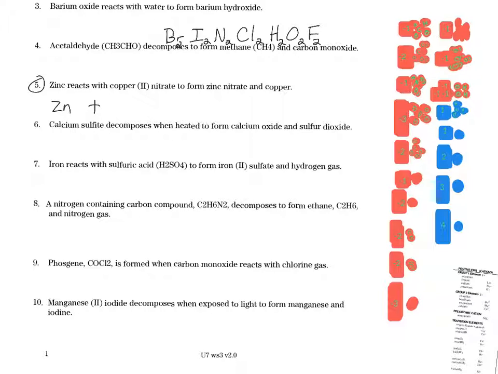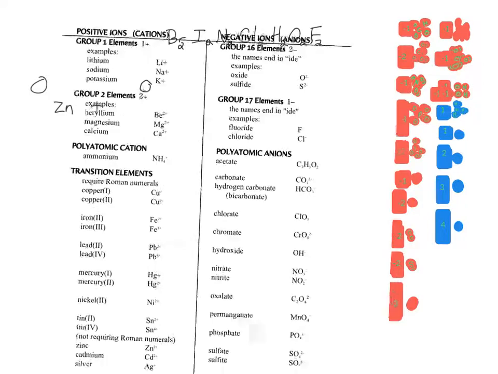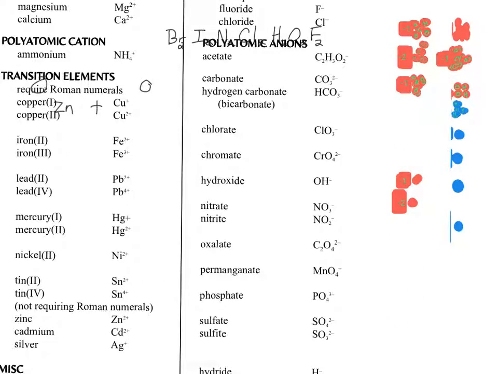Now the Roman numeral behind copper is telling me that the charge on the copper is 2. So I'm going to grab one atom of copper out here. And then I've got my nitrate. I grab my polyatomic ion sheet and look up to see what nitrate is. It's right here, NO3.